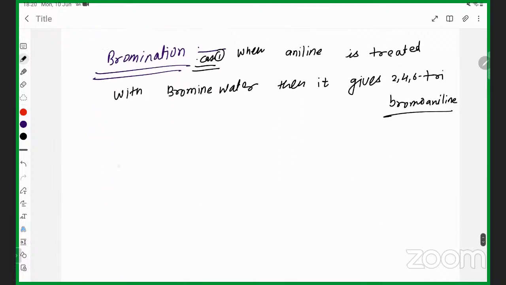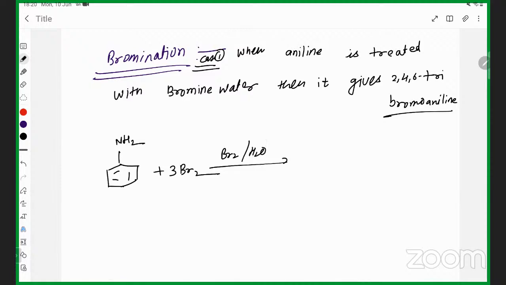Now you see, here is the NH2, and you treat it with 3Br2. So what will happen? Here it is bromine water. It is always going to give initially tribromoaniline. NH2 is there, here it is going to be Br, this again Br, and here also Br, plus 3HBr.